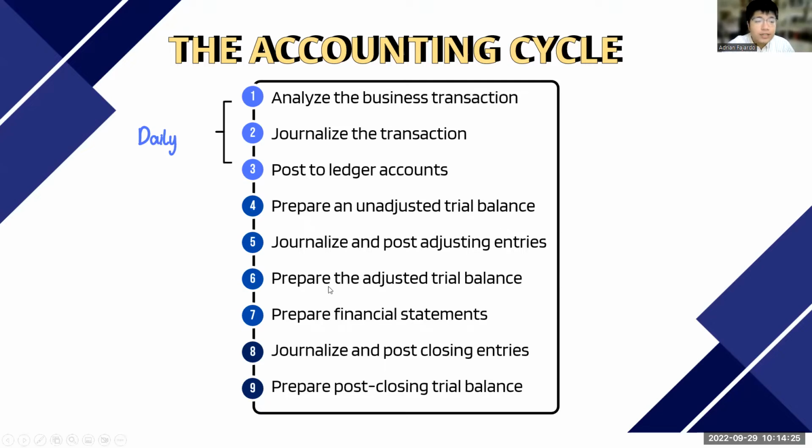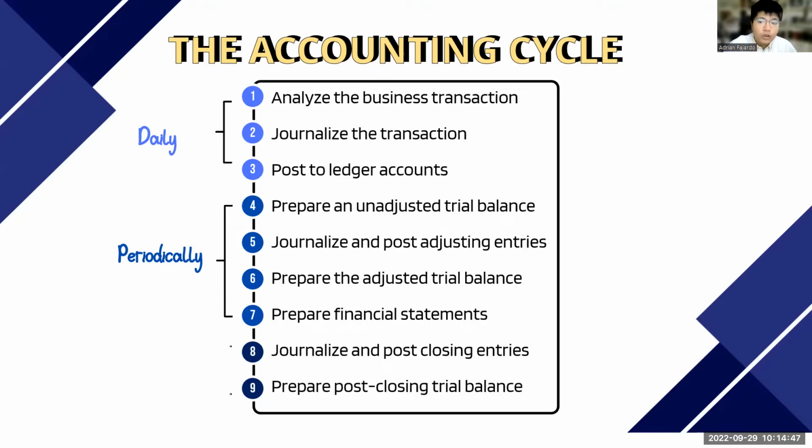And then in terms of our summary step, basically, this happens periodically depending on company directive. So this can happen monthly, this can happen weekly, or this can happen quarterly, right? So basically, we prepare the trial balances, the adjusting entries, and then the financial statements periodically.